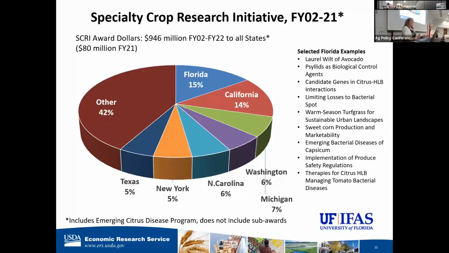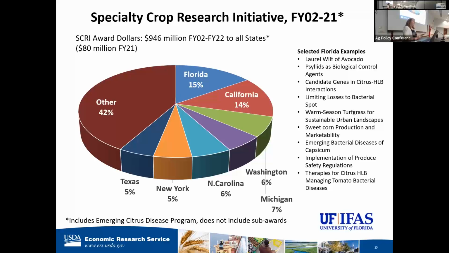Again, this program, SCRI, you'll hear that acronym, awarded about $946 million over this period to all of the states. And you can see Florida received about 15% of those dollars. I should say, just my little asterisk at the bottom, that doesn't include all the sub awards. So these are very big projects, sometimes across multiple states.